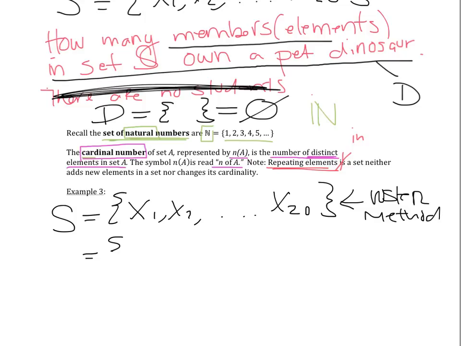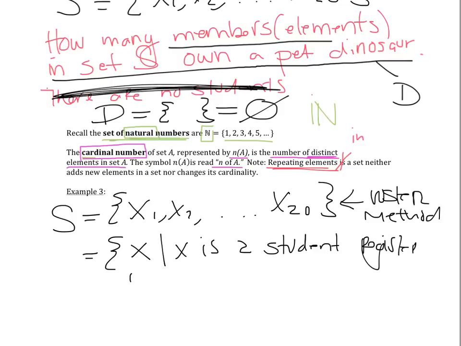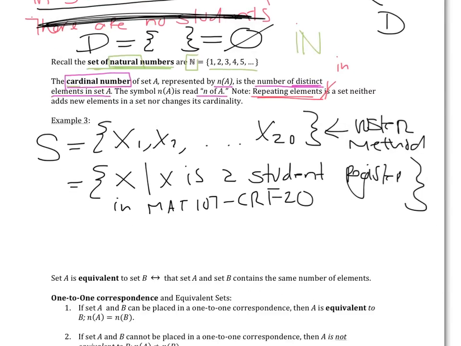The set builder notation is x such that x is a student registered in Math 107, Cedar Rapids, face-to-face, and this is section 20, because there's a lot of sections. Mine is section 20. So let me translate this because this is important.